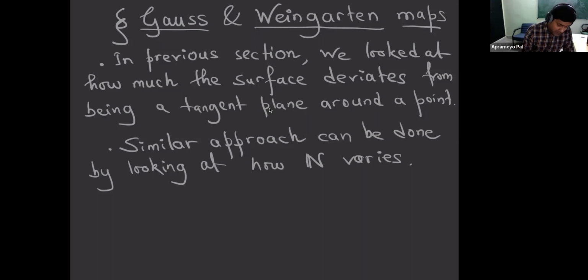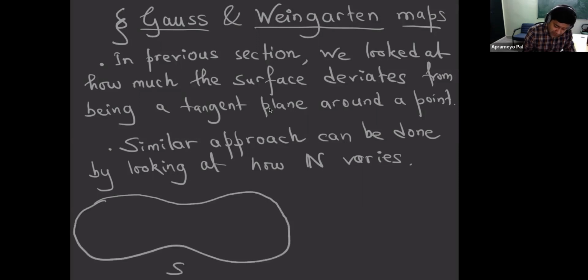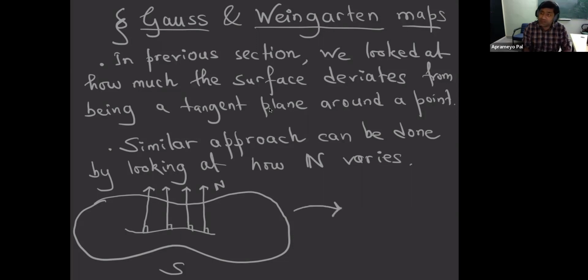So here also, let me try to draw some picture. Let S be a surface, and let me consider different unit normal vectors at different points. These are all n. For every point, you have a unit normal vector.